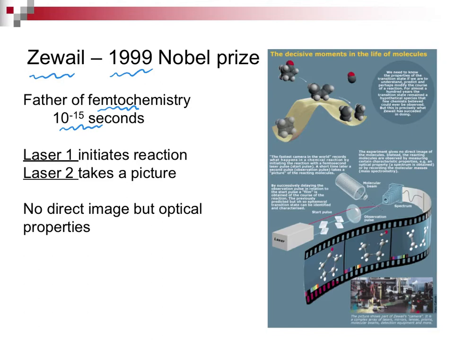Very, very quick. Essentially he used one laser to start a reaction, and I'll just say the other laser to take a picture. It's a very basic way of describing it. There were no direct images, but from the optical properties, he could deduce what was going on at the molecular level.